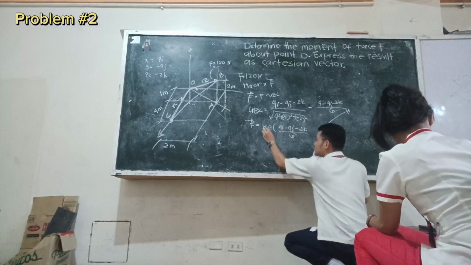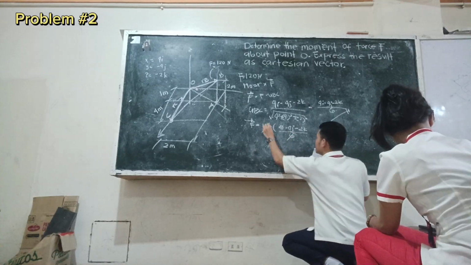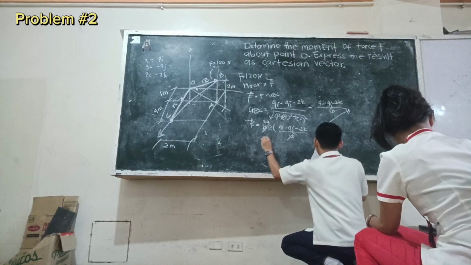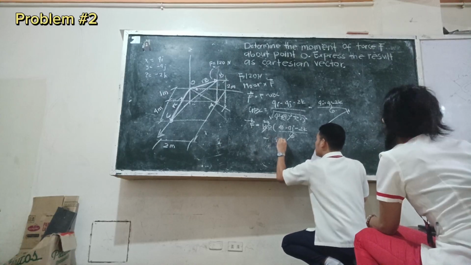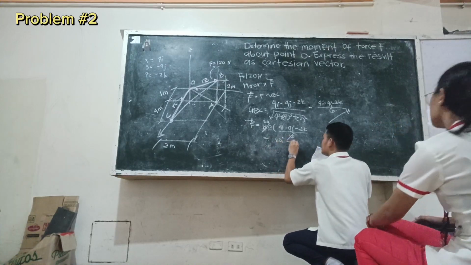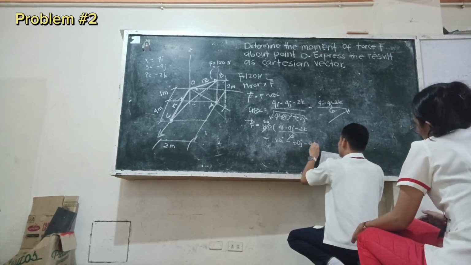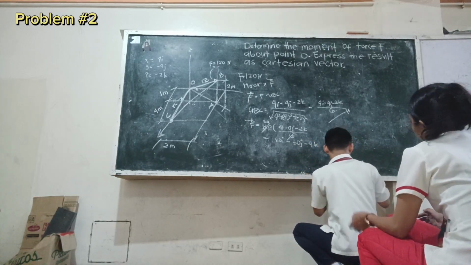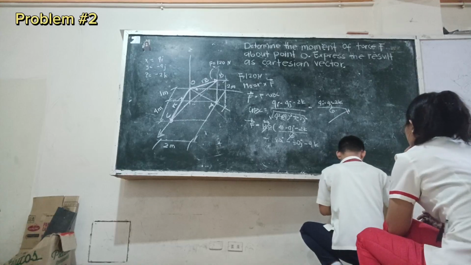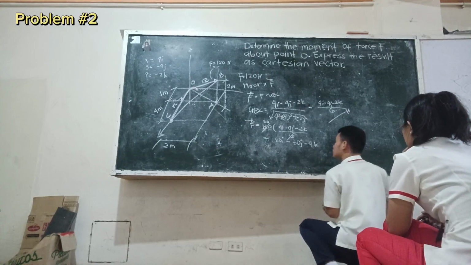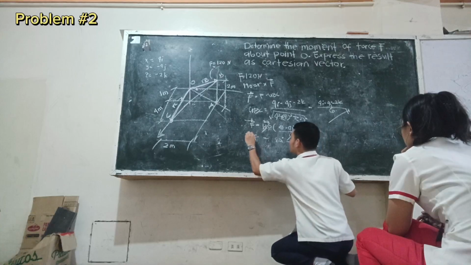We cancel out: 120 divided by 6 is equal to 20. That gives 80i minus 80j minus 40k, and that is the value of the force.